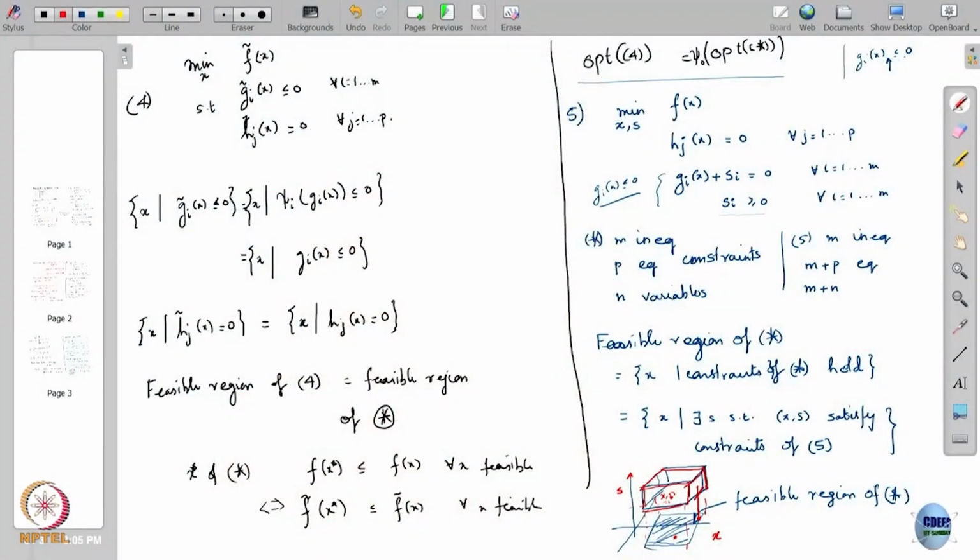Okay. Now, this simply relates the two feasible regions. Why are the optimization problems equivalent? The reason they are equivalent is because in star you are optimizing only over this square, the region down here. And in phi the objective function has not changed going from star to phi.